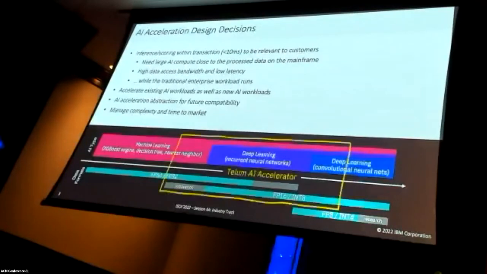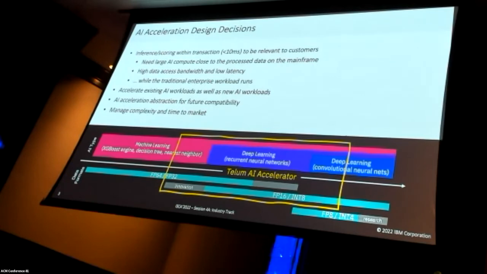Also, if you look at the models that they have, they still have a number of machine learning workloads because these are very regulated industries, and they're only slowly moving towards more RNN or CNN networks. And so we need to provide acceleration covering the whole space of current workload, also where they are moving to.